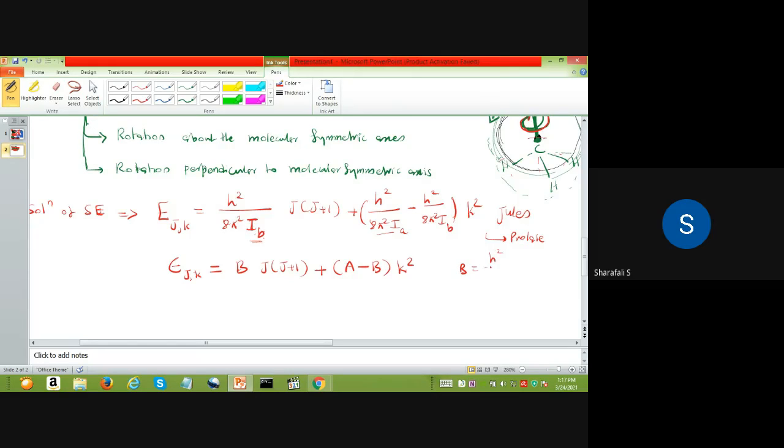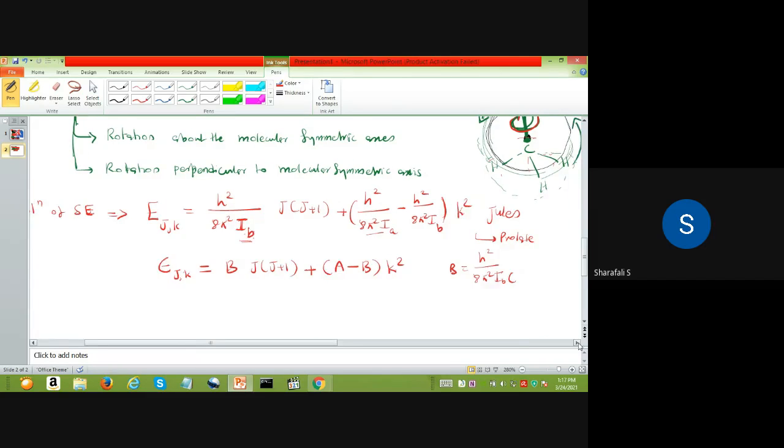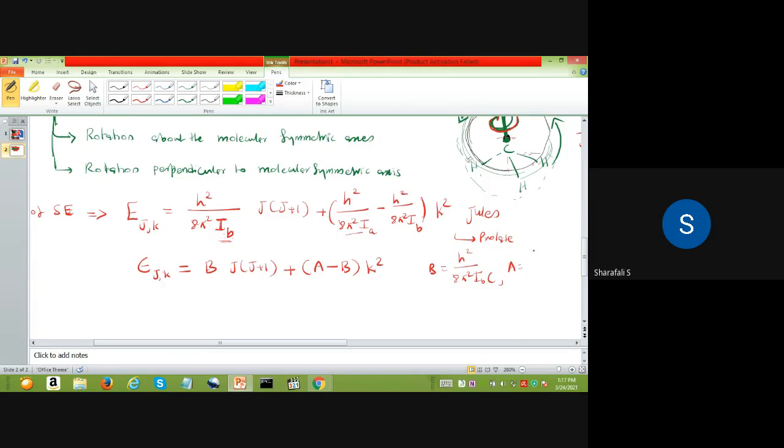B is nothing but h square by 8 pi square IB times C. And A is nothing but h square by 8 pi square IA into C. As you might know, E by C will be given by epsilon j k, where B is h square by 8 pi square IBC, and A equals h square by 8 pi square IAC.